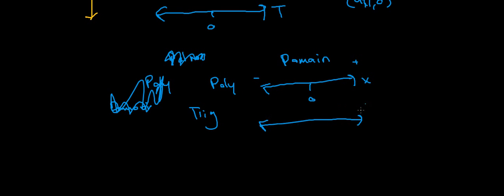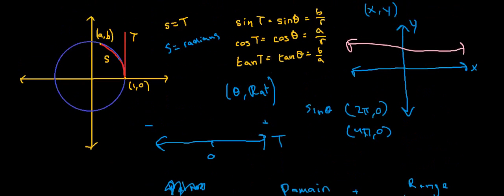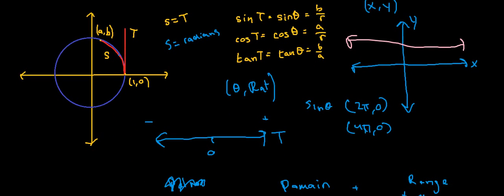Trigonometric functions have some axis T, and it goes to negative and positive infinity. The range is the y-axis in polynomial functions, and it goes to positive and minus infinity. In trigonometric functions, it is a circle with radius r, and all of the range is located on the edge of this circle somewhere. So that is the structure of trigonometric functions.